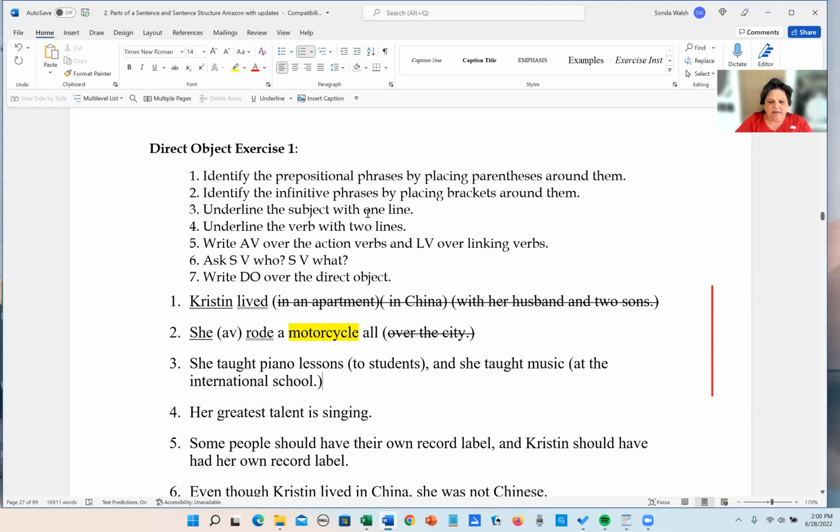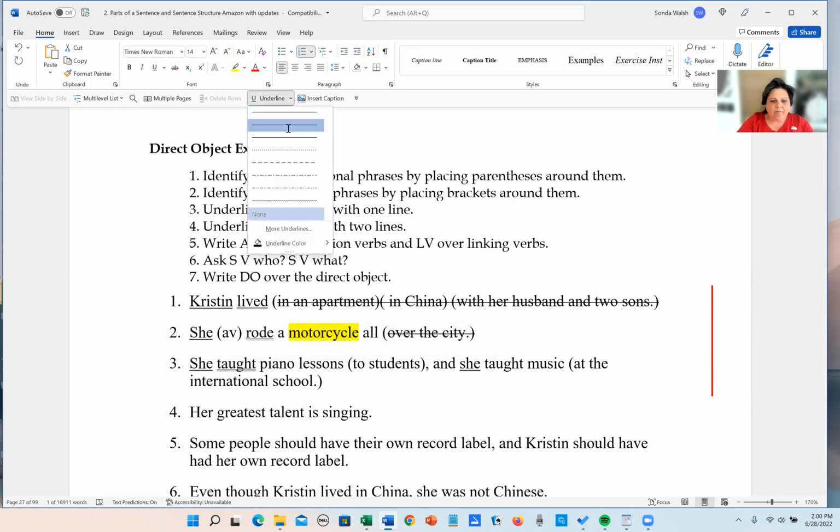Okay, I don't see any infinitives, so the subject is she. And we have a comma here and some more words, and so she over here is also a subject. Okay, underline the verb with 2 lines. Taught. And over here is taught.